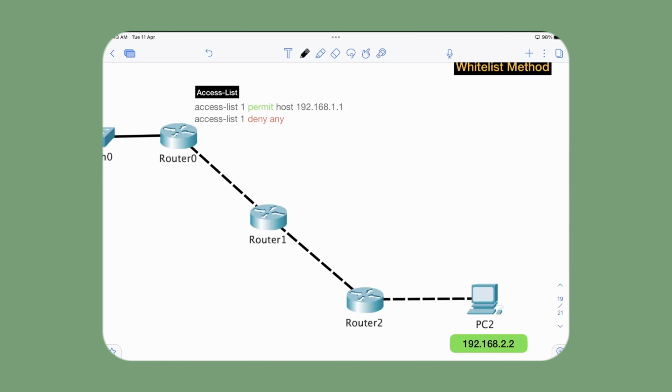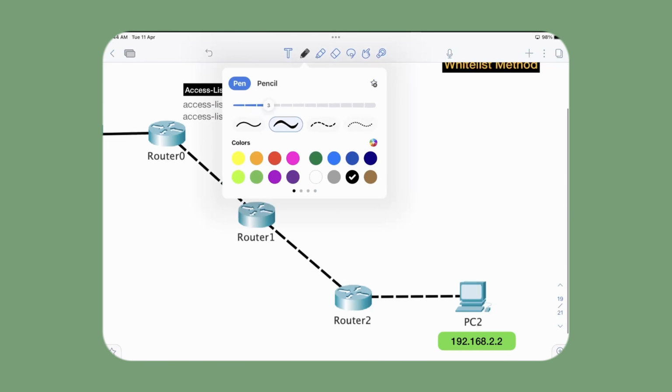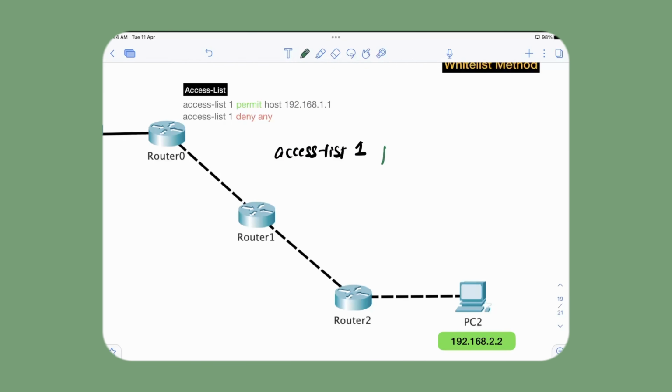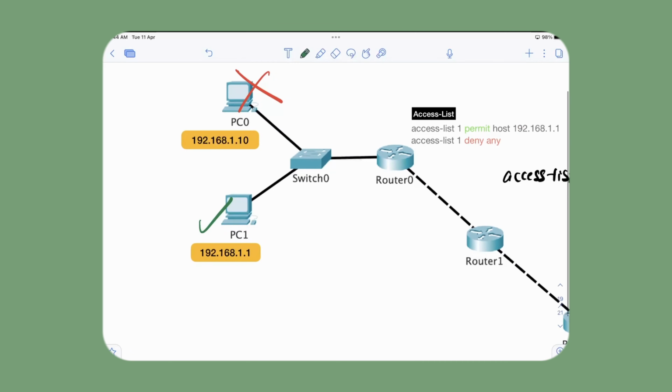If you are not inside, then you will be blocked by default. Okay, so starting with the first command, access list 1, because this is a whitelist, so we start with permit. See who you want to allow. In this case, we want to allow this guy. That means the IP that we allow now is 192.168.1.1.